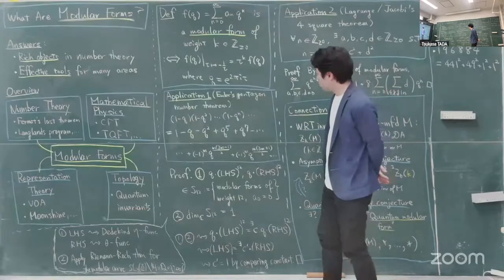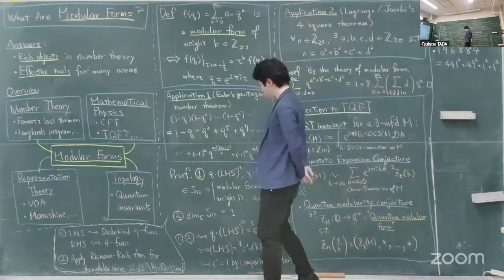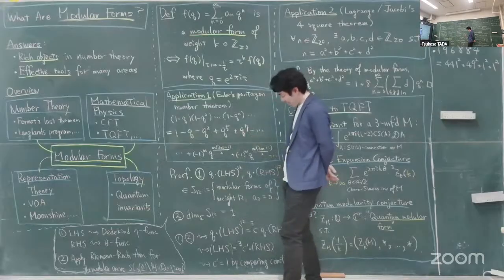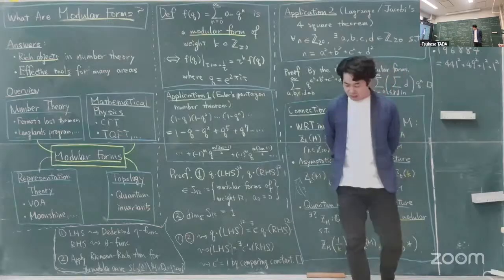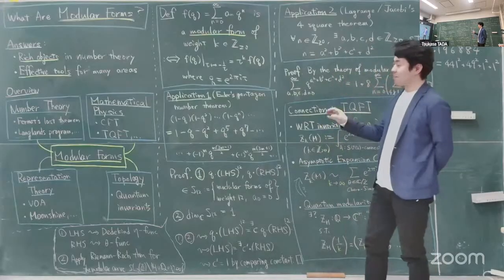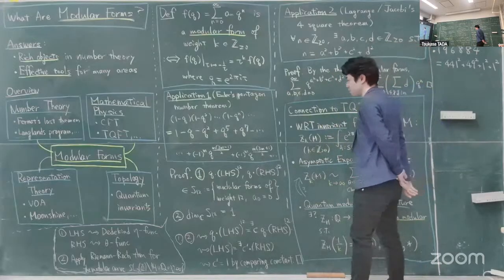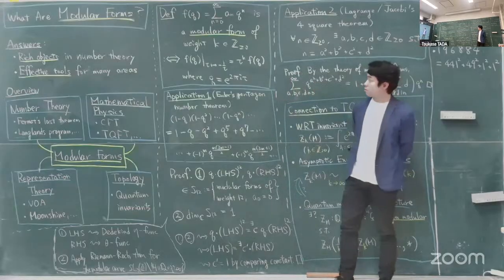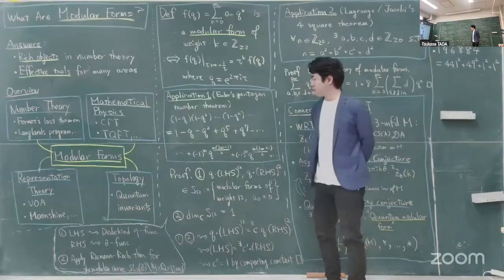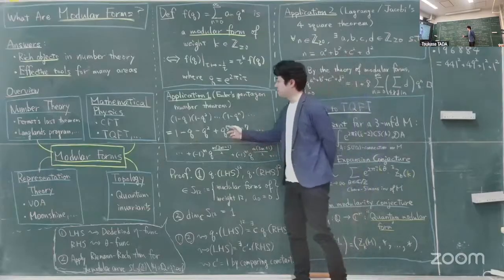In fact, Euler first discovered this equality by hand, and he gave a proof after 20 years. That's very difficult. But modular forms provide a simple proof of this equality.